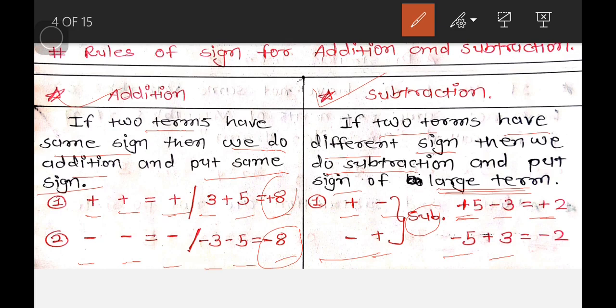Then we subtract 3 from 5. 5 minus 3 is equal to 2, and here you can see that 5 is the larger term, then we put minus sign here. So it was the rule of sign for addition and subtraction that you have already studied.